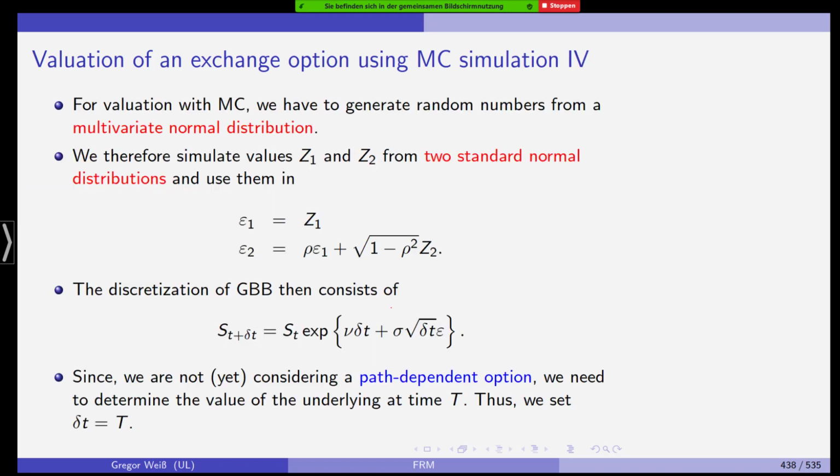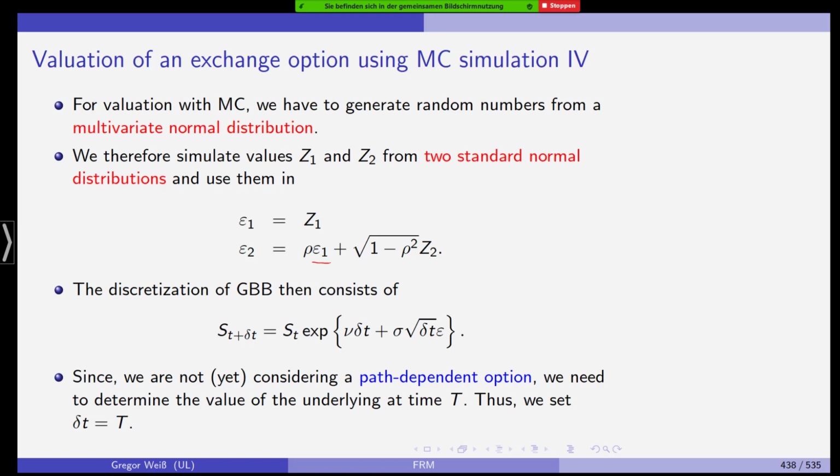Very simple. Now for Monte Carlo simulation, we need to simulate random numbers from a multivariate normal distribution because we want to simulate from a multivariate geometric Brownian motion. So we calculate the following. Epsilon 1 is simply a standard normal distribution, Z1, and epsilon 2 is a second standard normal distribution, but it's connected with epsilon 1 via the correlation.